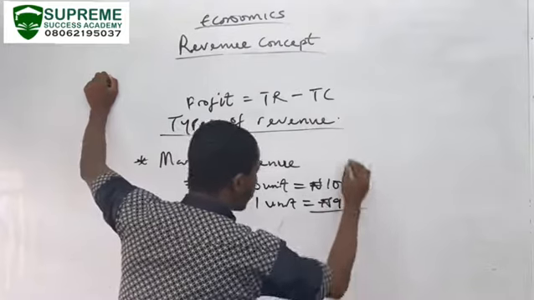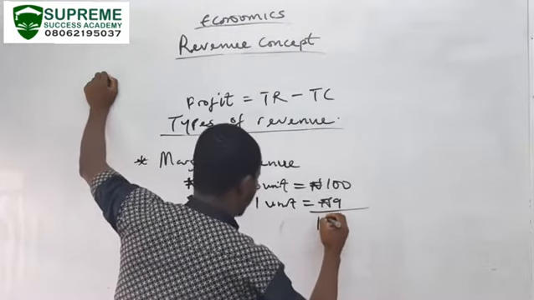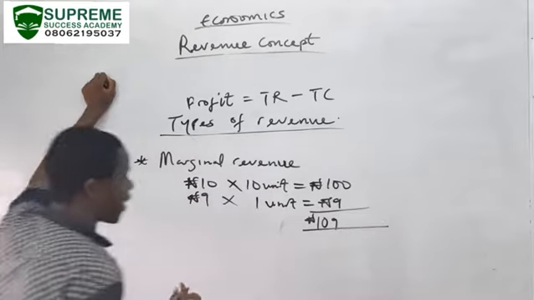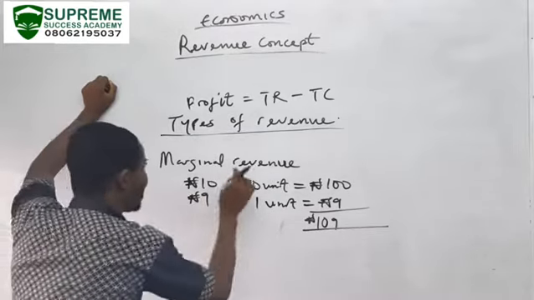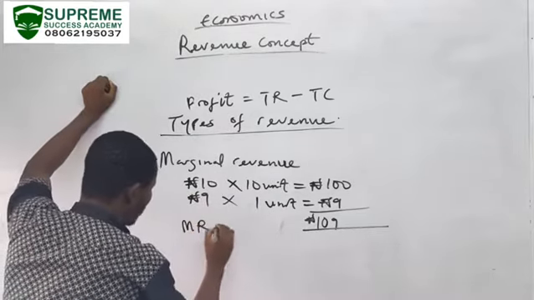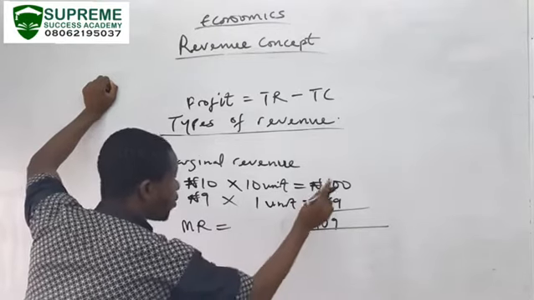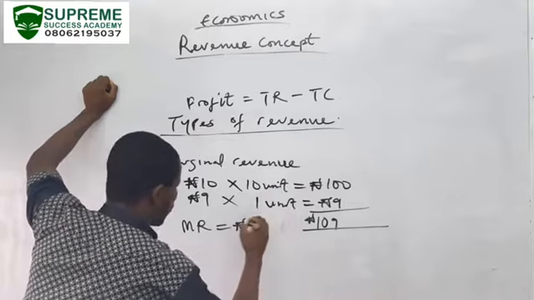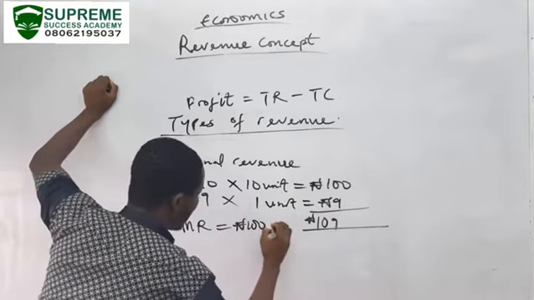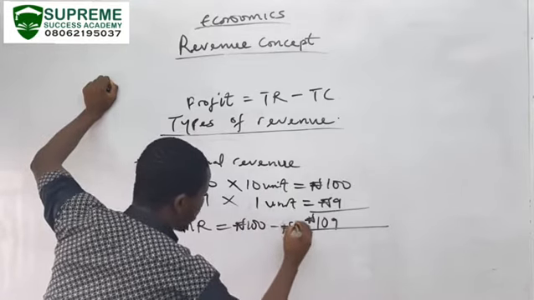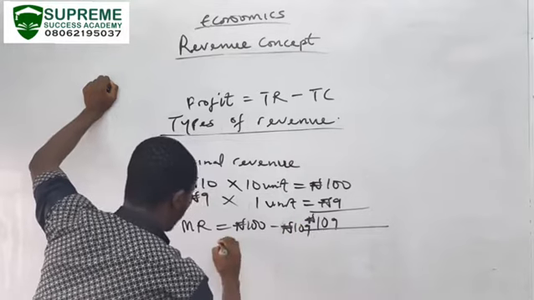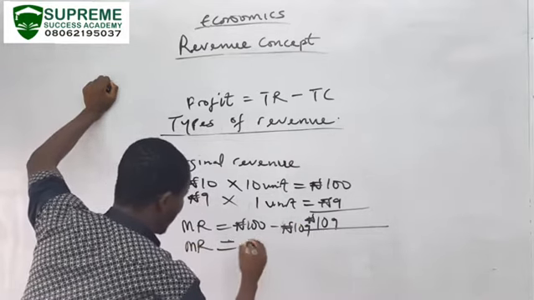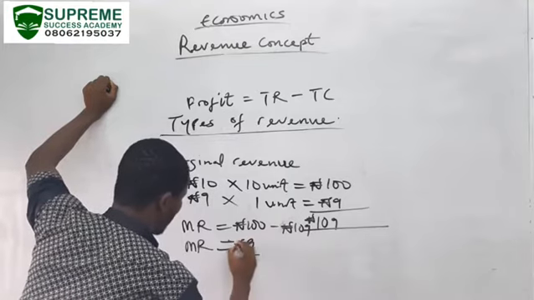The addition of these two gives us 109 naira. So the marginal revenue is equal to the new total, 109, minus the initial total, 100. Then the marginal revenue is 9 naira.